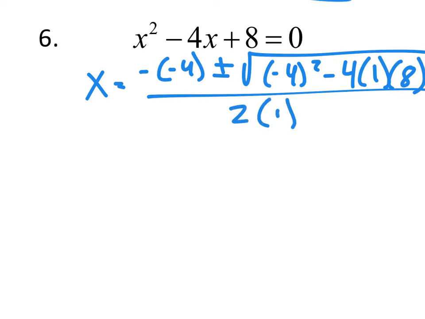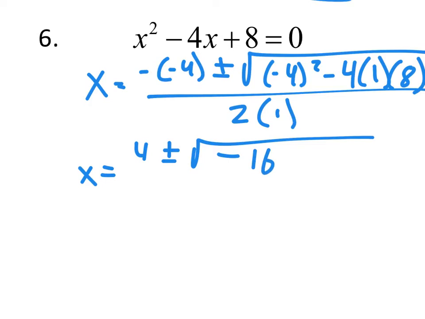Okay, and so we end up with 4 plus or minus the square root of 16. What do we have here? 4 times 8 is 32, so this whole thing is -16 because it's going to be +16 minus 32. That's -16. And so we're going to get another imaginary solution here.